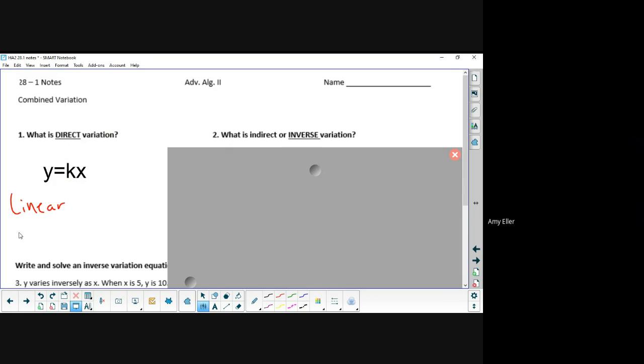I'm going to take this equation and rewrite it, solving for k. If I want to get k by itself, it's being multiplied by x, so I divide by x.